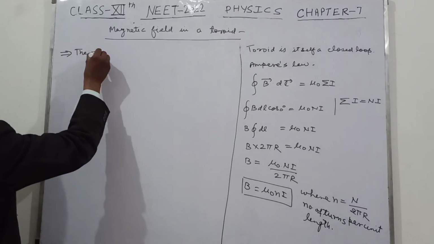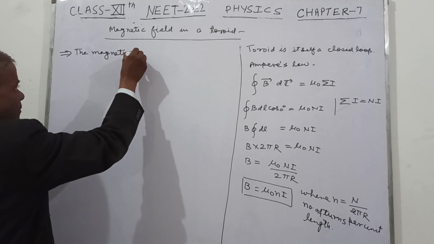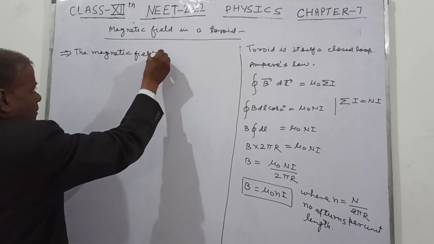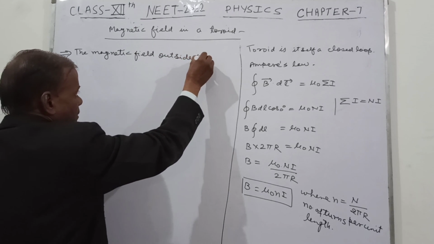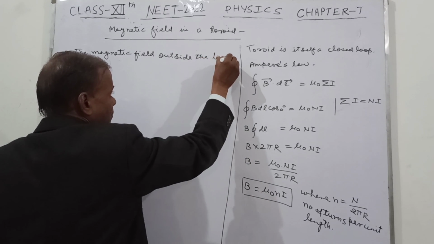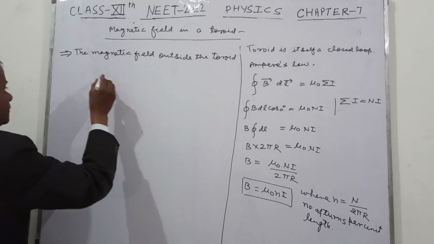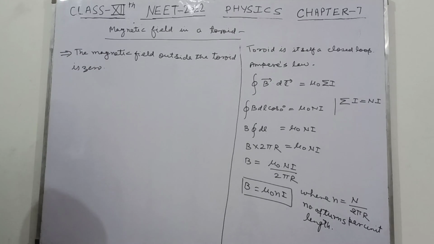The magnetic field outside the toroid is 0.